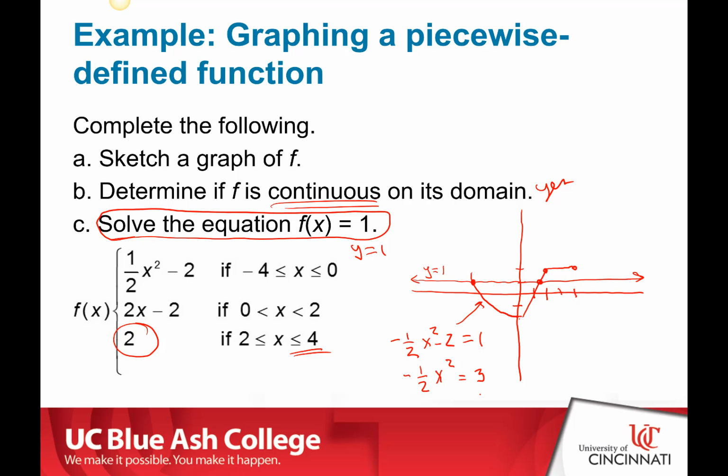Ooh, are you seeing a problem here? So we get x squared equals 6... Is that possible? Can x squared equal -6? No. So what that tells us is that answer, whatever it is, is not in the range of values that we have going. Does that make sense to everybody?